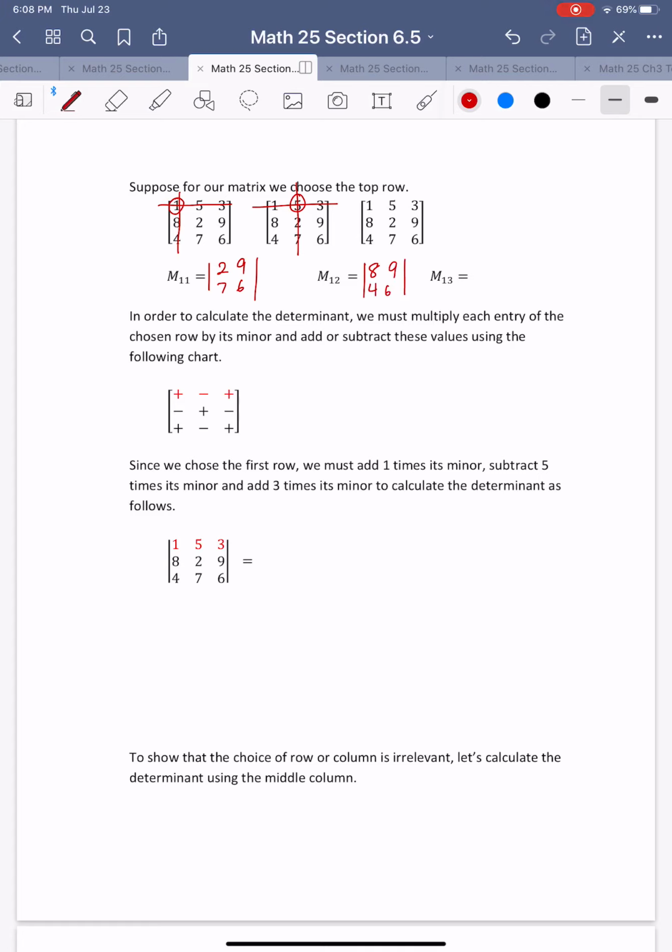And then the first row and third column: the minor is 8, 2, 4, 7.